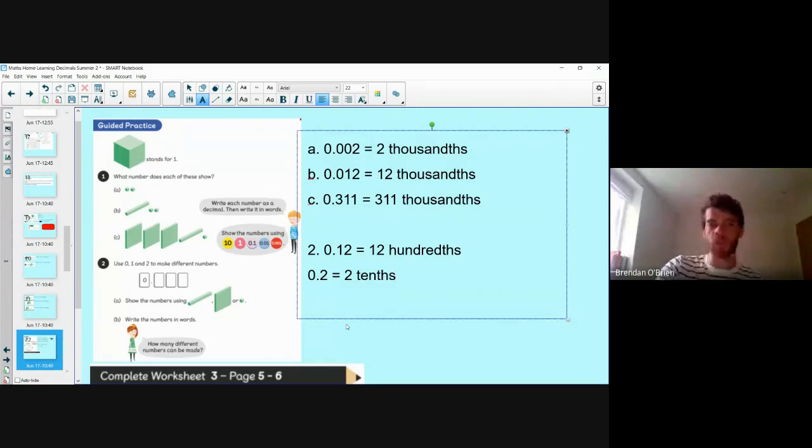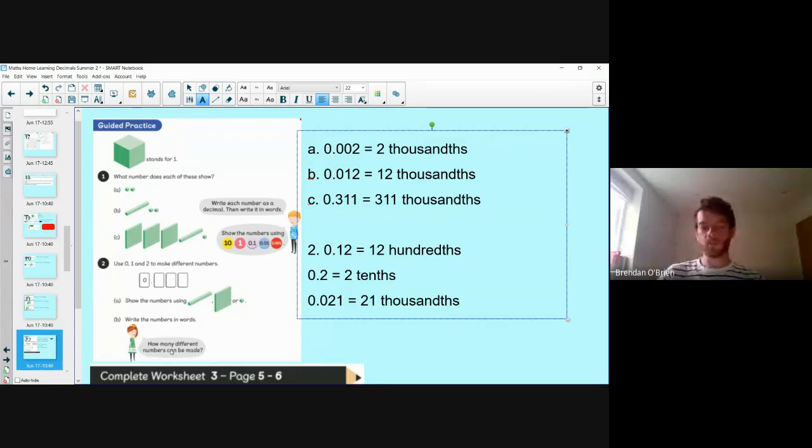Or I could have 0.021. That would be written as 21 thousandths. Because I would have 2 of the long blocks, and I'd have 1 of these small thousandth blocks, but I wouldn't have any of the large flat block.